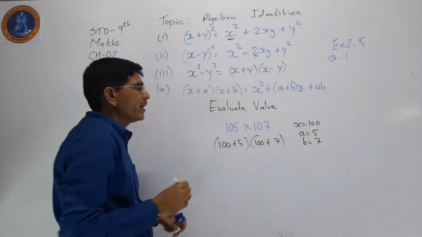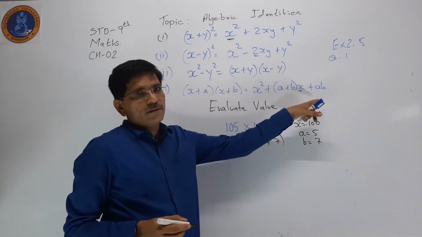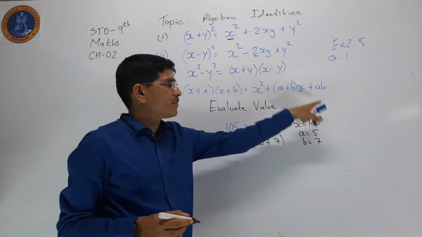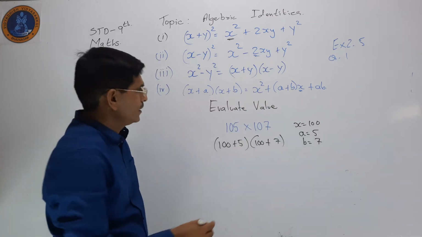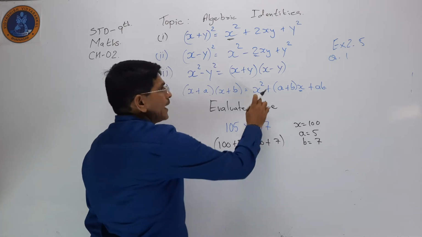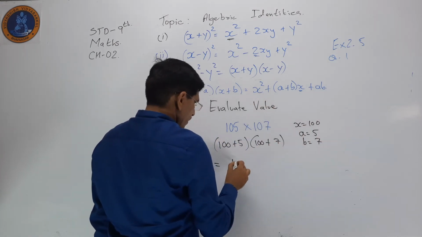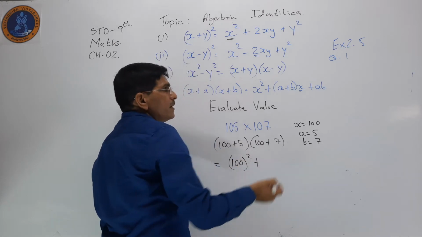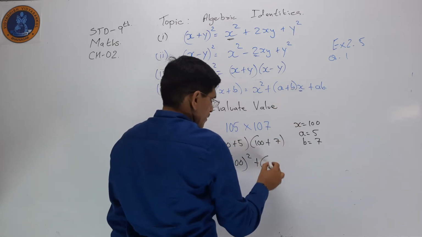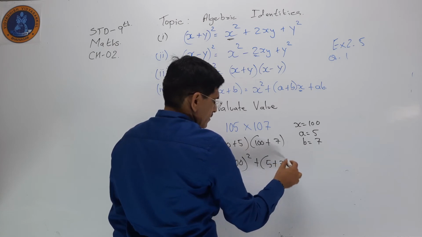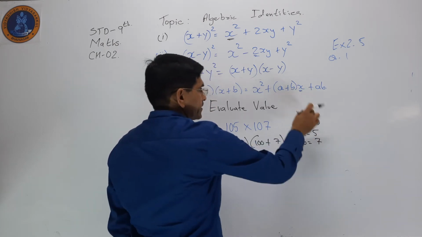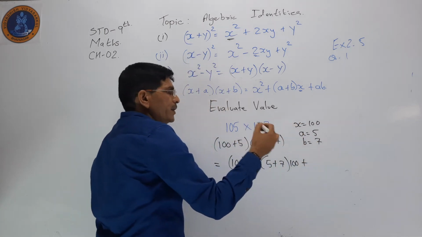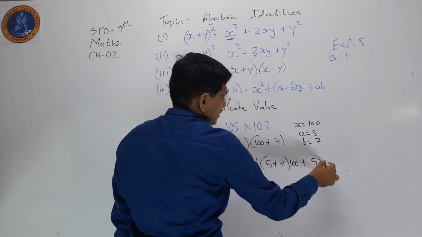Now we have to put it here. x square plus (a plus b) bracket over x plus a into b. That is x square, so 100 square, plus a plus b, so 5 plus 7 bracket over x, that is 100, and a into b, that is 5 into 7.